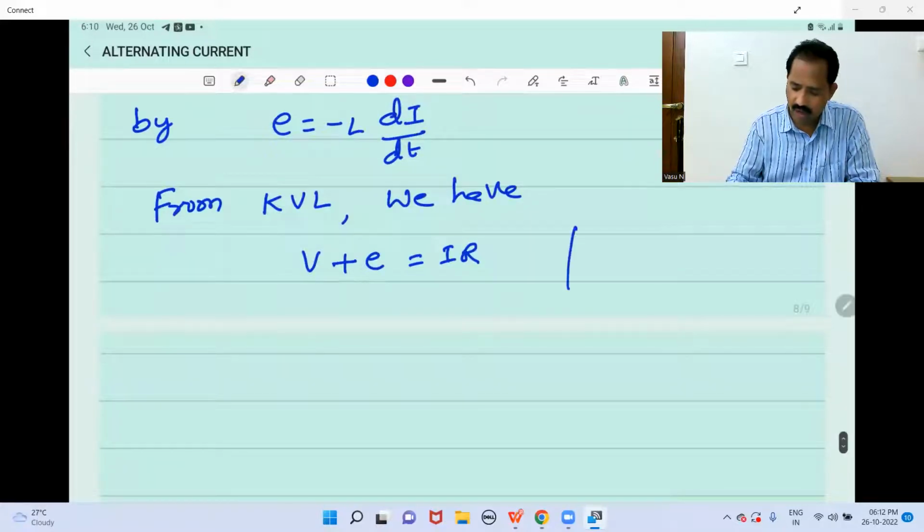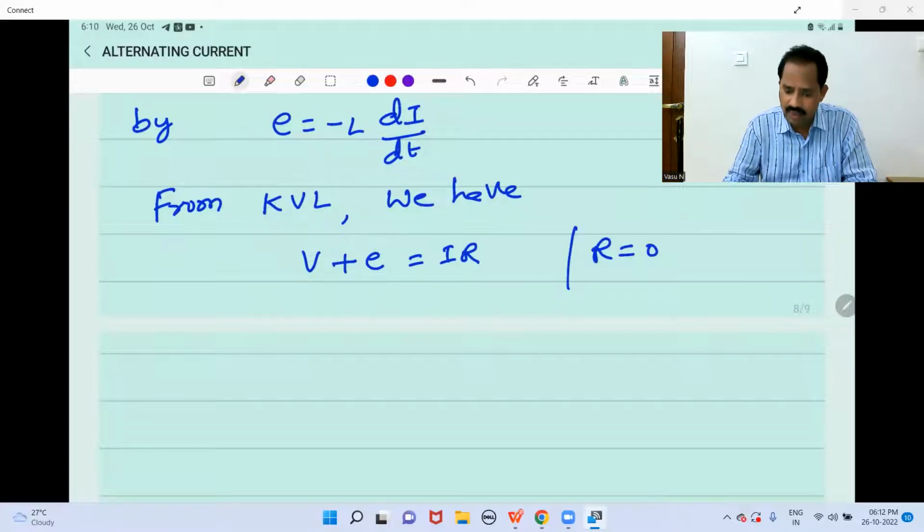But here R = 0 because it is a pure inductance and has no resistance. It has only inductance, no resistance.